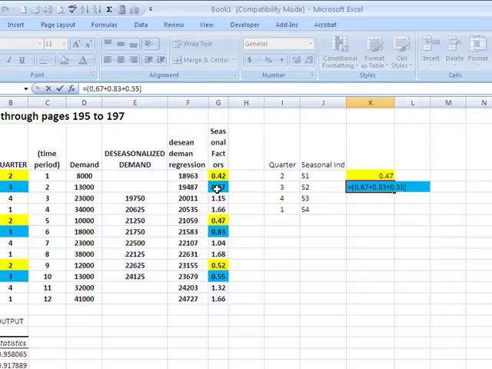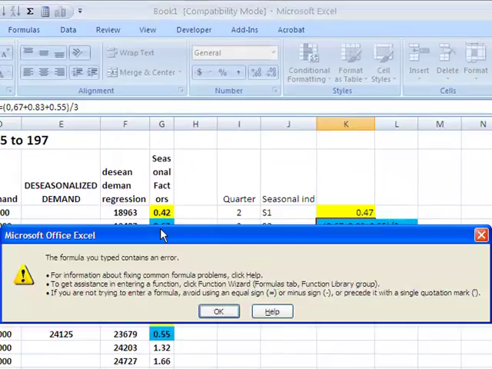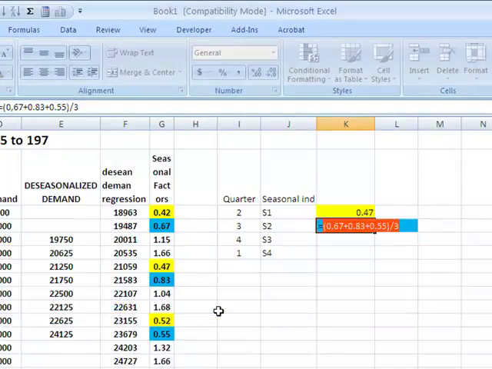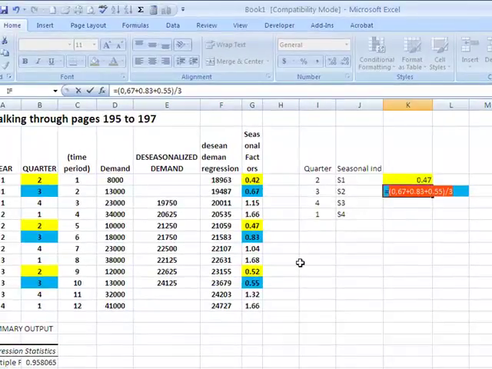Again, I want to use the rounded figures that your authors use so that we end up with the same answers. So I need to divide by 3. Oh, I'm using a comma instead of a point.